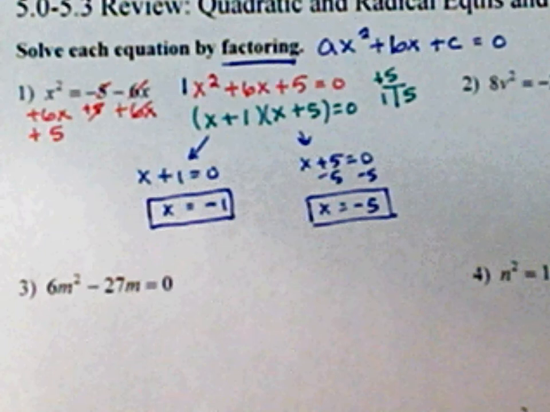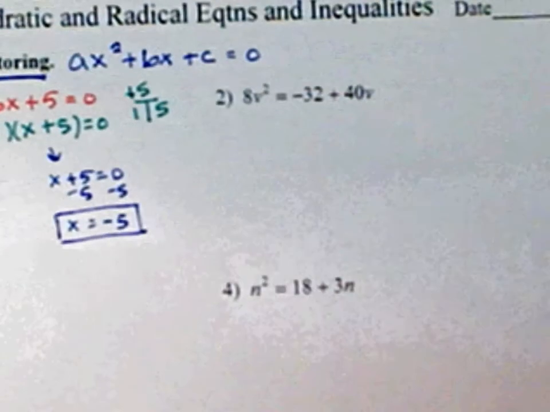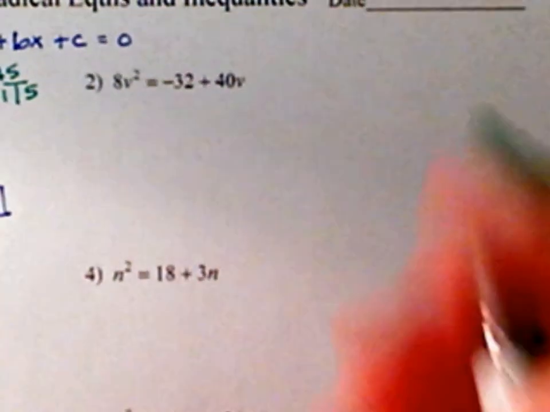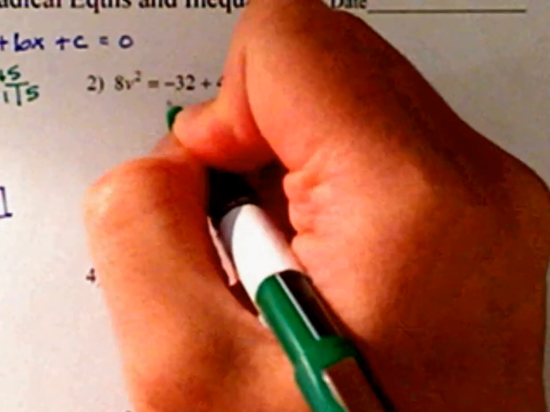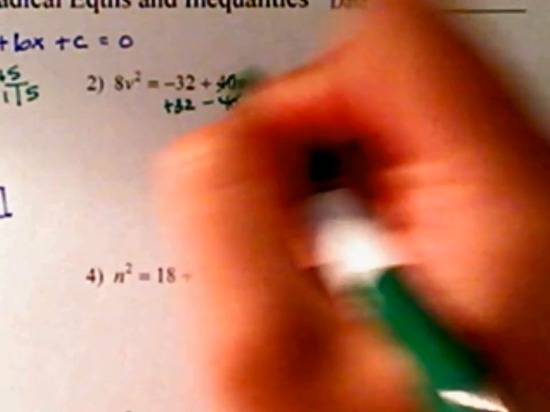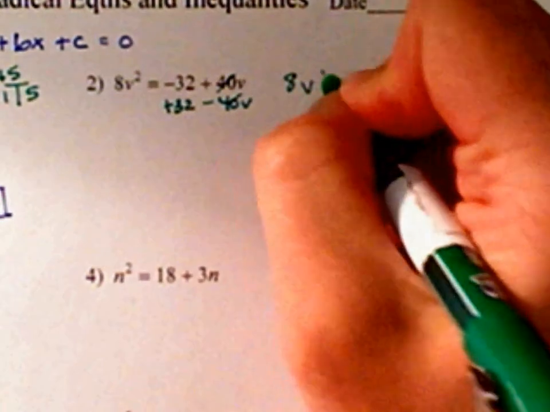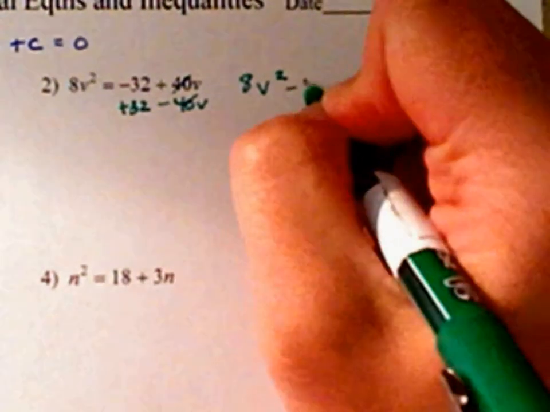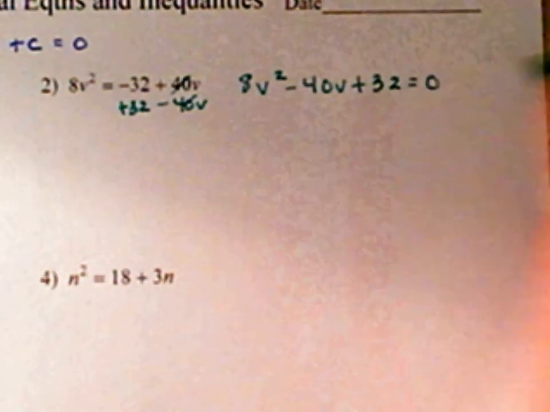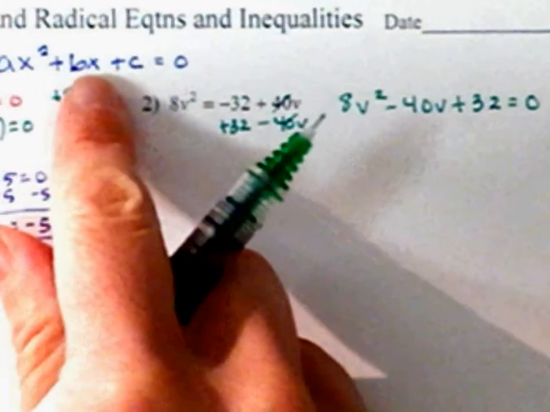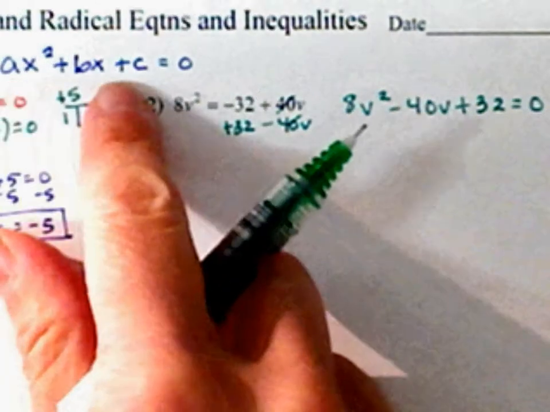Number 2. Okay. On number 2, I'm going to move everything over also. Minus 40v plus 32. Just like that. So now you have 8v squared minus 40v plus 32 equal to 0. Notice I wrote it in this order of quadratic standard form.